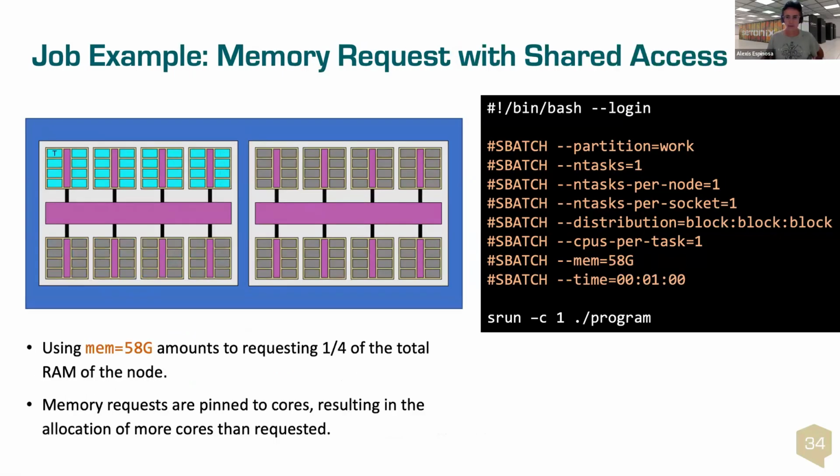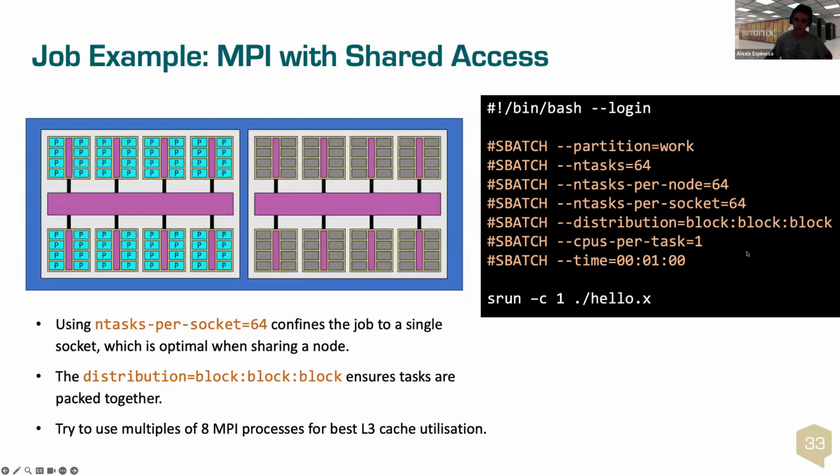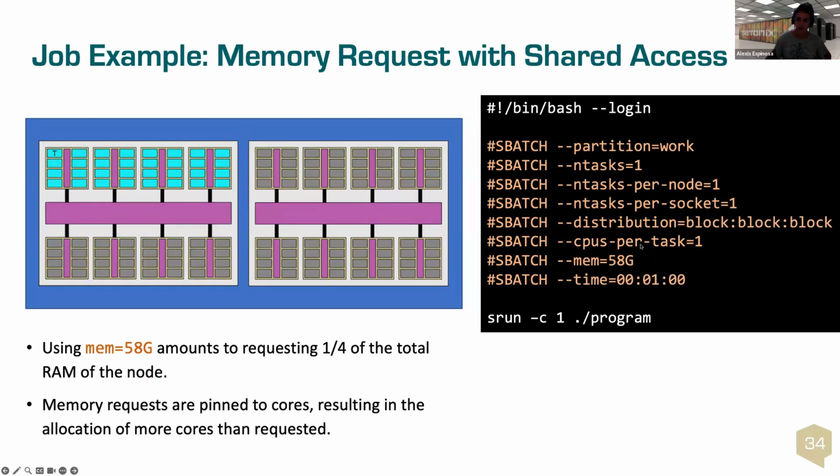Another example, this one is being assigned through the memory. So you are saying only 1 task per node, only 1 task per socket, all packed, only packing 1. But I guess this is important because you are asking for more memory than the default for a single task.